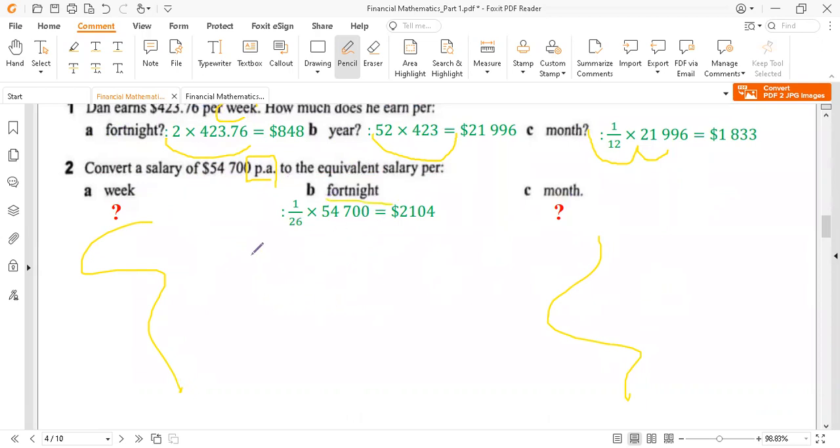We know that a fortnight is 2 weeks, and converting from year to week, we divide by 52. Then from week to fortnight, we multiply by 2. So it is equivalent to multiplying by 1/26. So we divide the yearly salary by 26.